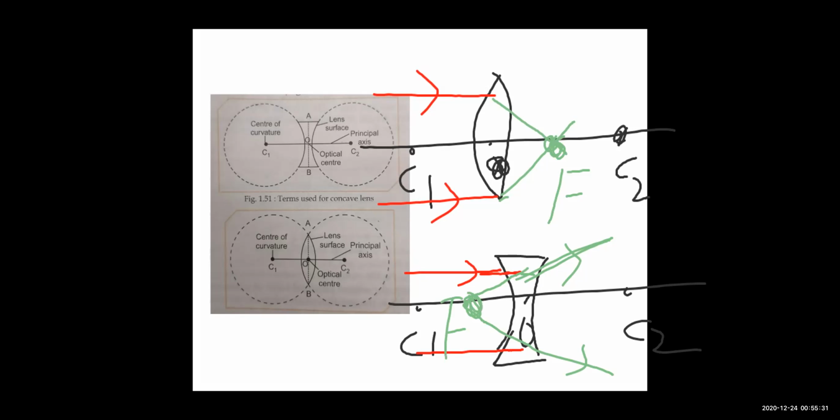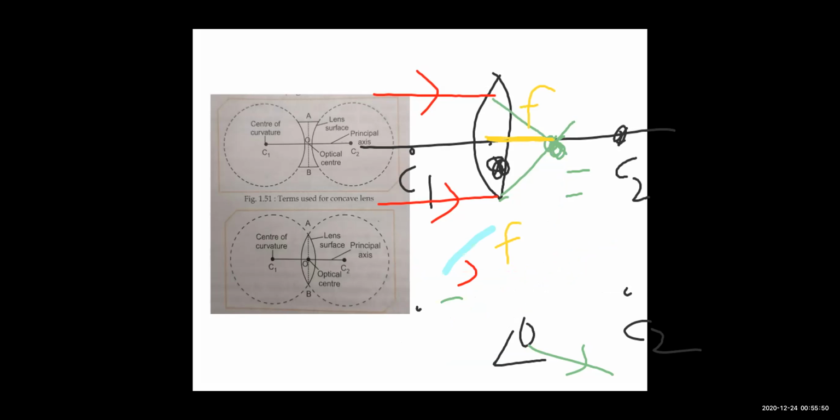Now the distance between the optical center and F is known as the focal length, which is denoted by small f. The focal length is the distance between the optical center and the principal focus, right? Now, the last term in this is aperture.